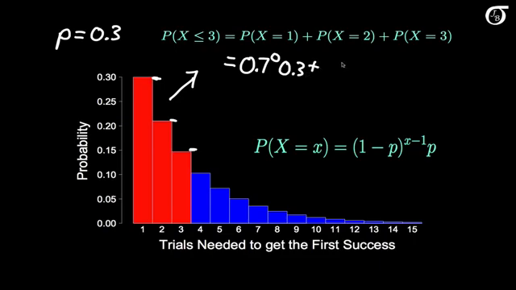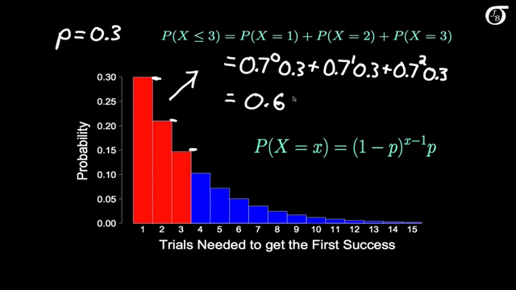The probability the first success occurs on the second trial, well, we are going to need the first trial to be a failure, so 0.7 raised to the first power, times 0.3. And for the first success to occur on the third trial, we need 2 failures, 0.7 squared, times the probability of success, 0.3. And this all works out to 0.657.